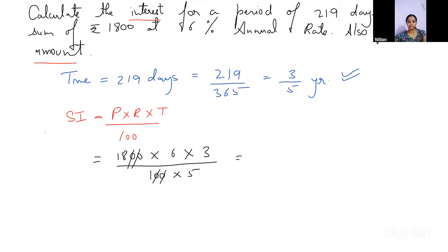Ma'am, I'm getting 30.40. 30.40, Abraham. I want you to recheck it. Ma'am, Abraham, 32.4.